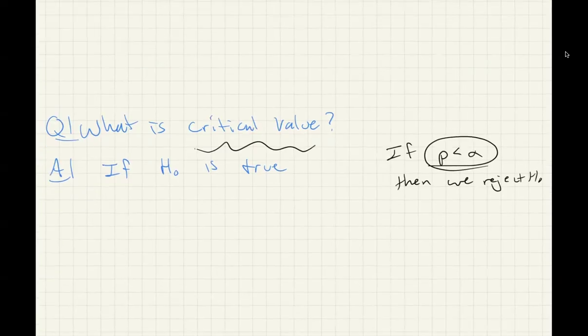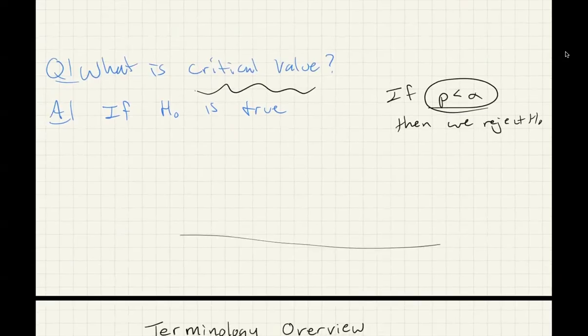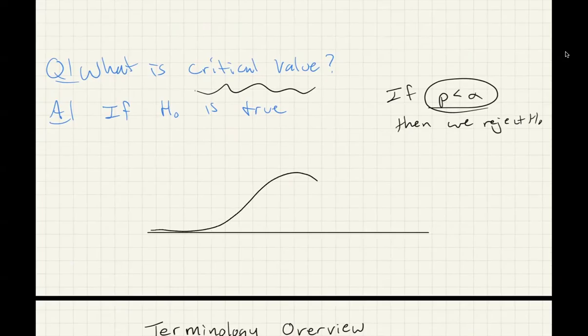But there's another way you could state this condition because, line, okay, and then a curve, boom. So alpha is some area, and that area begins somewhere, and the name of where that begins is the critical value.